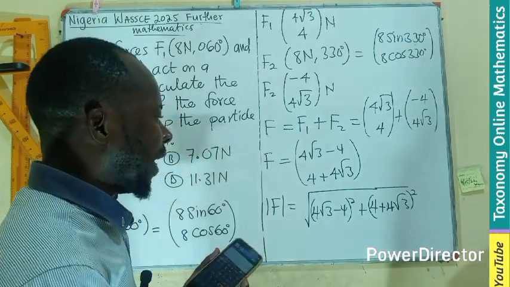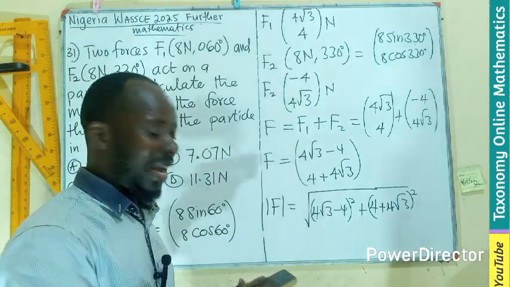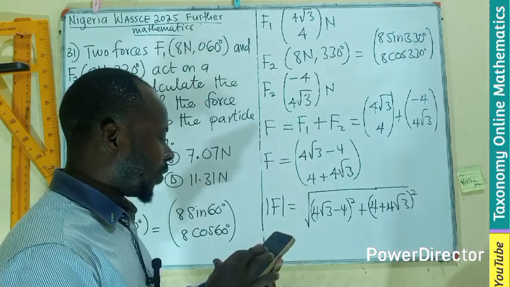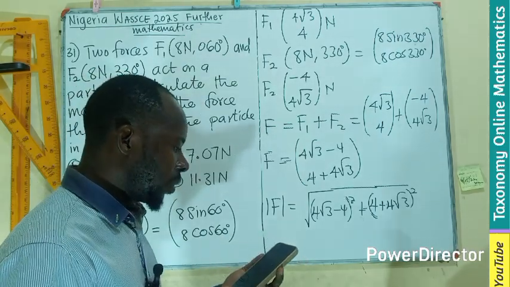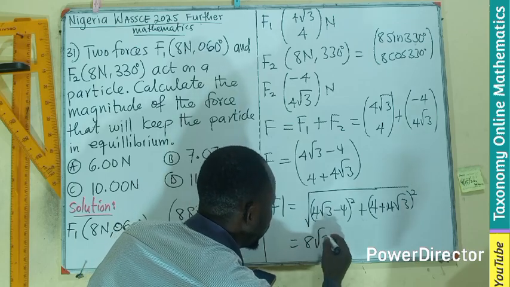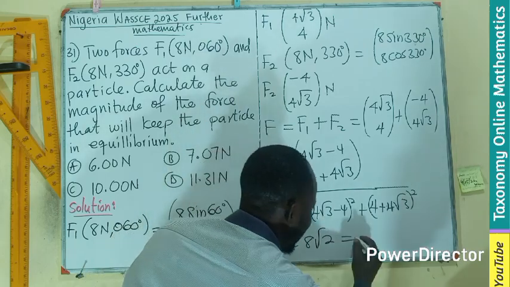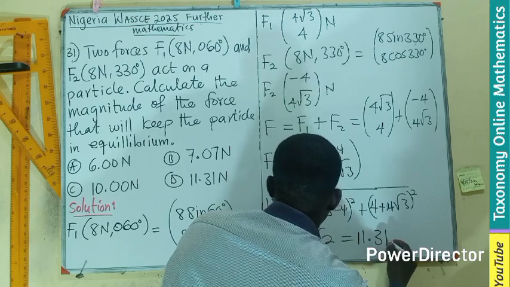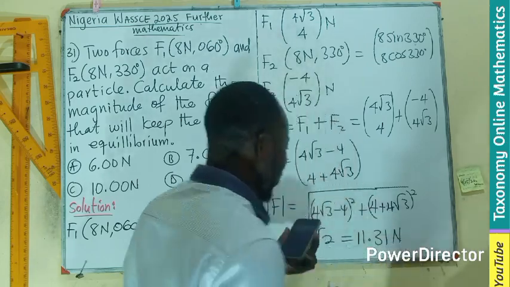I'm going to put all in the calculator because of space and get the actual magnitude. So let's go. If you do that, you should have 8 root 2, and in decimal this will be 11.313 Newton.